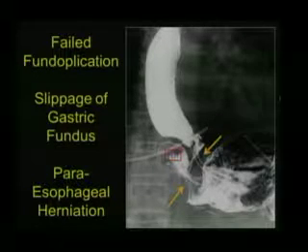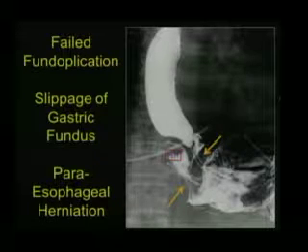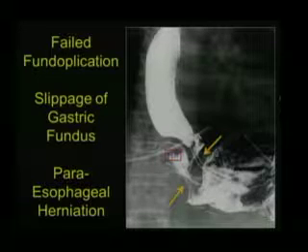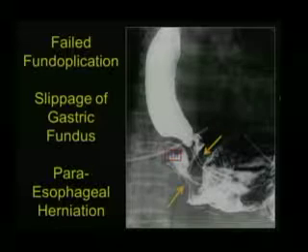Here we see the wrap that appears to be intact, but there is a slippage of the stomach in the same area in the hiatus of the diaphragm. So it's a paraesophageal herniation of the gastric fundus through the hiatus of the diaphragm. But the wrap is still infradiaphragmatic and intact.